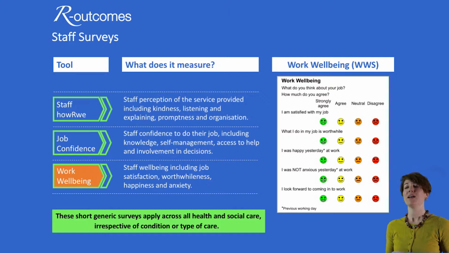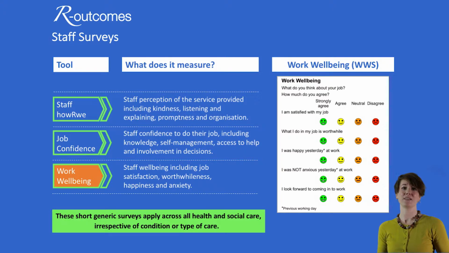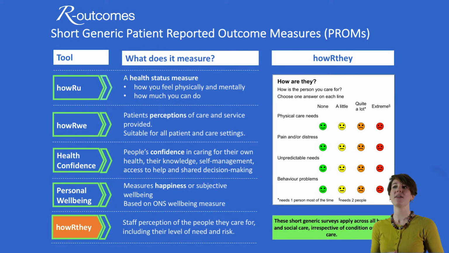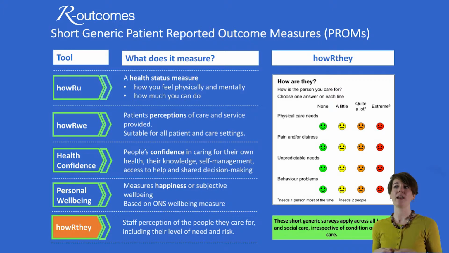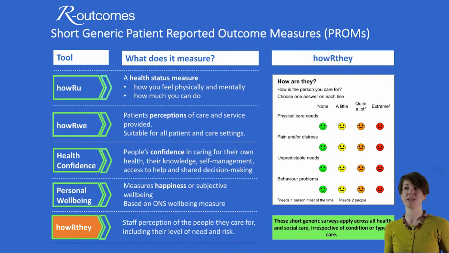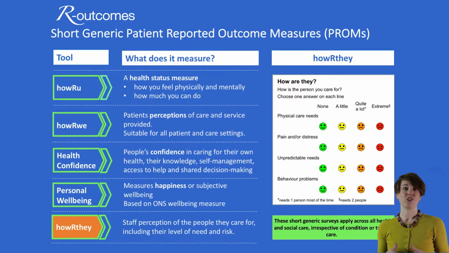Work well-being, that looks at staff well-being, including job satisfaction, worthwhileness, happiness and anxiety. And how are they? This is a need and risk assessment for people who are unable to answer the survey questions themselves. So for example, if a patient or service user has high levels of dementia.